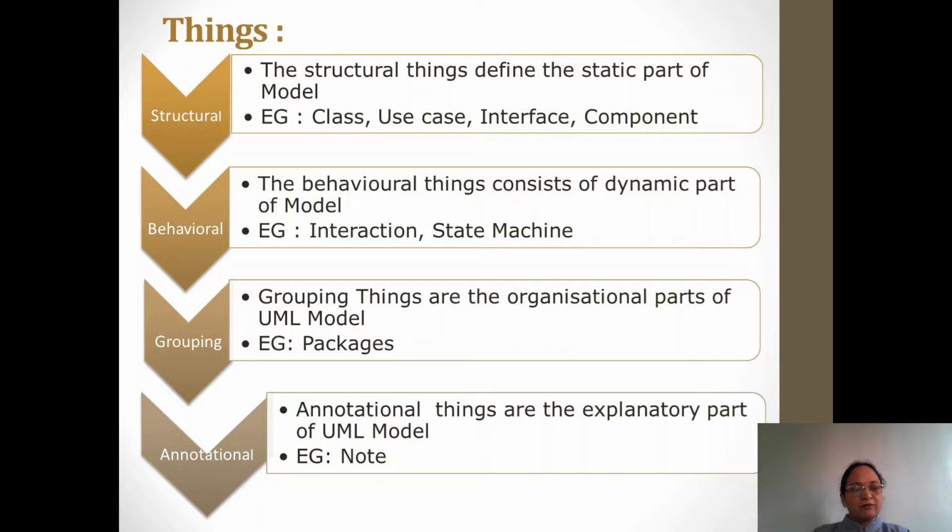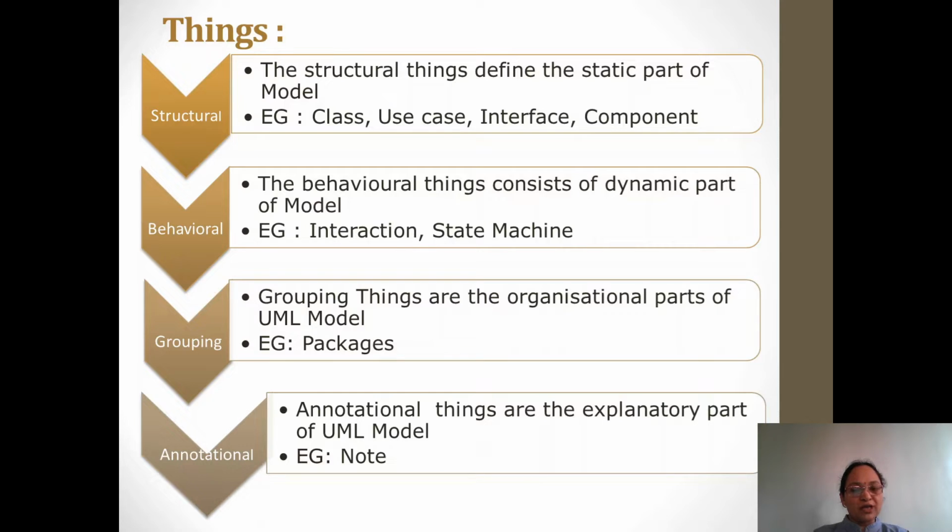Things are divided into four categories: structural, behavioral, grouping, and annotational. Structural things define the static part of the model. Static part means that which doesn't change at runtime. For example, classes, use cases, interfaces, components. Behavioral things consist of the dynamic part of the model, which changes at runtime.